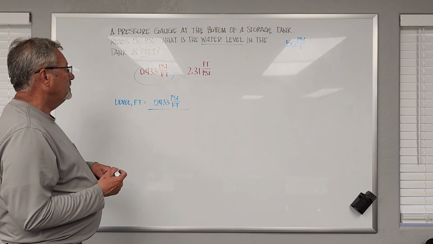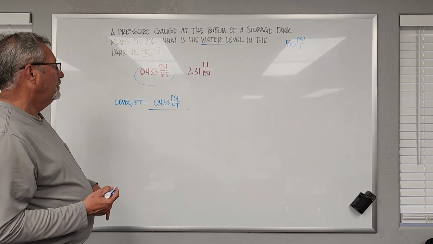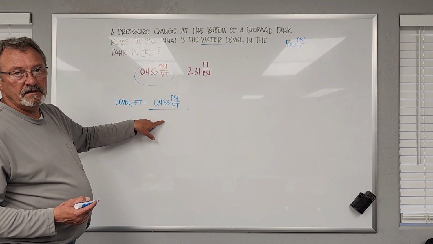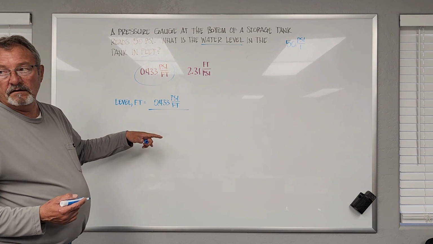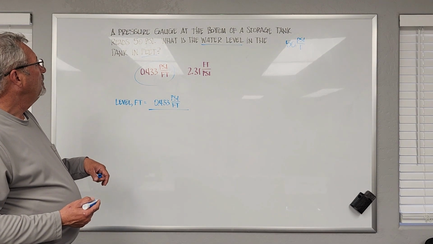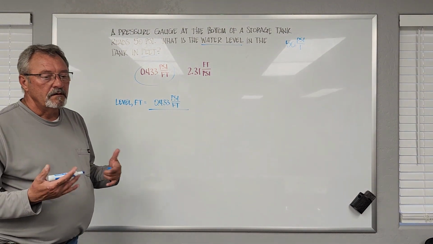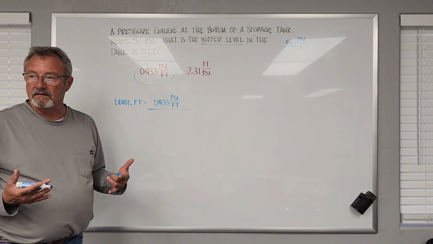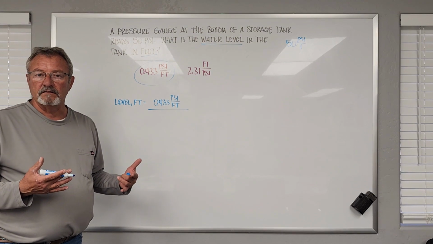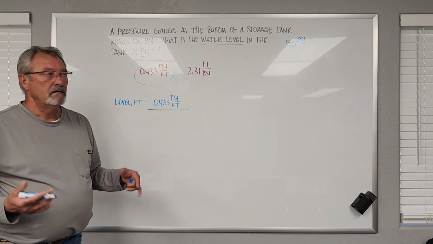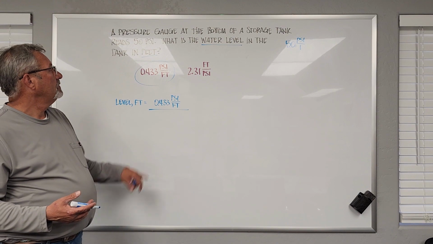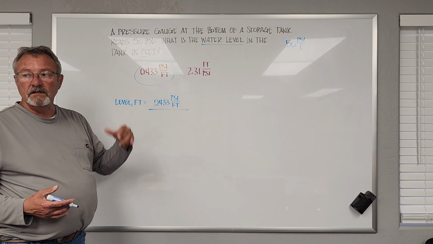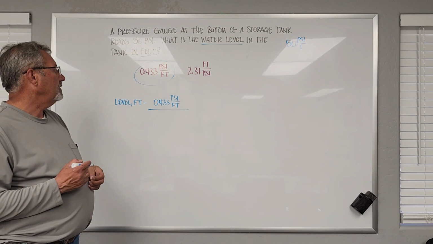If I divide 0.433 PSI over foot by 50, I'm gonna get a really crazy number, right? It's 50 PSI. Now, think about 0.433, if you think about a dollar, 43 cents is pretty close to 50 cents. 50 cents is half of a dollar. So if I have 50 PSI, the water level must be double that or close to it. So it's going to be somewhere around 100 feet, right?